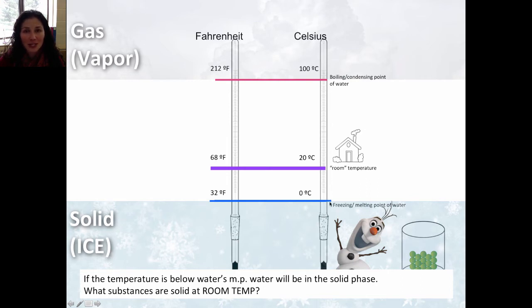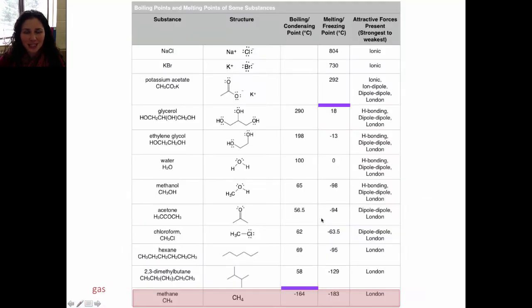Let's talk about the substances that are solid at room temperature. If room temperature were below their freezing point, then the thing would be a solid at room temperature. Here is room temperature on the column corresponding to freezing point.